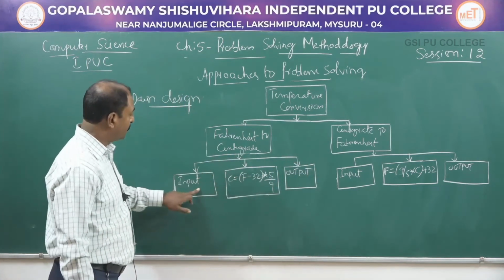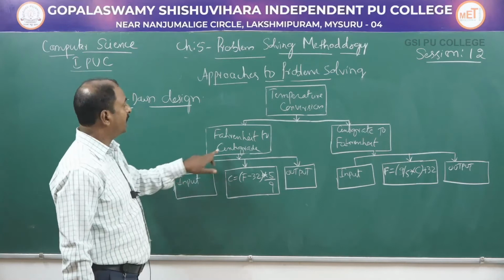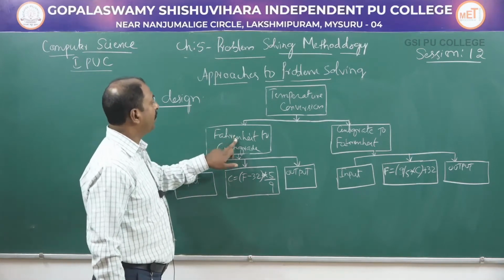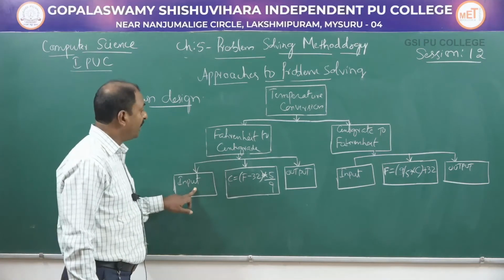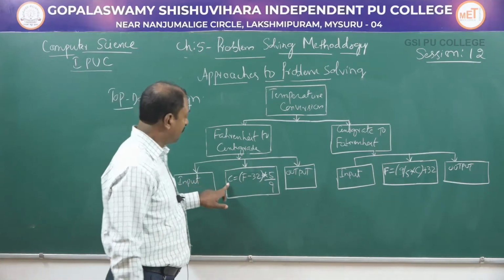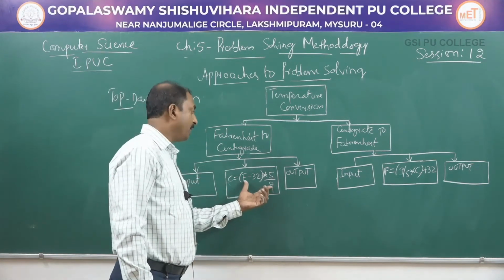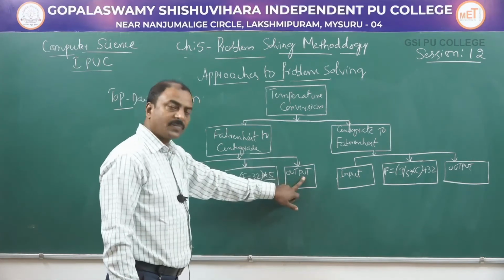One is the input section. As we have to convert from Fahrenheit to centigrade, we have to input Fahrenheit, find out centigrade with the formula, and print centigrade.